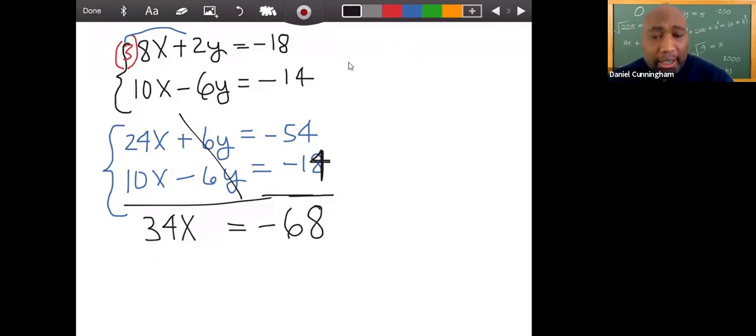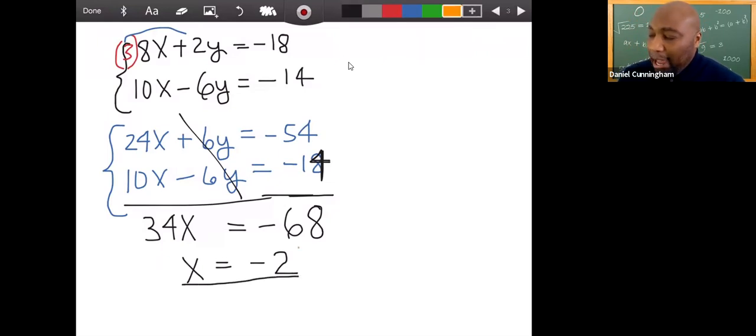Now, my y's are eliminated. I have 34x equals a negative 68, and then I'm going to divide by 34 to get x by itself. So x in this case equals a negative 2. Now I'm not done, because I have an x value, but I have to find my y value.